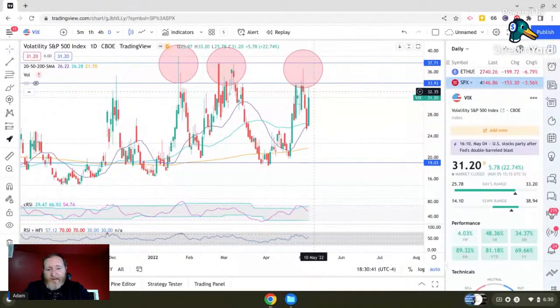So there is a possibility that tomorrow is another red day. And maybe we even make a new low for the year tomorrow, as it's Friday, and investors, or more likely traders, want to close their positions before the weekend, because who knows what type of headlines we could get, right? And that would most certainly push the VIX up to 35. And then maybe we get some relief on Monday.